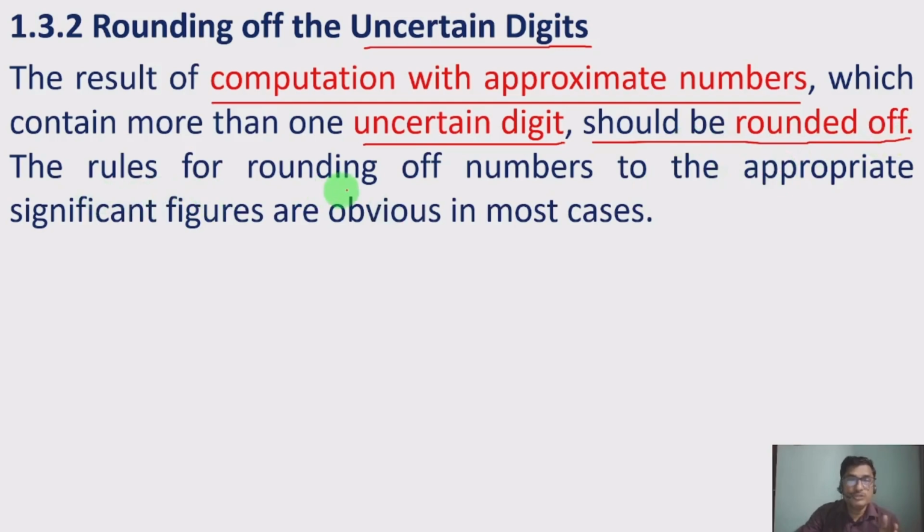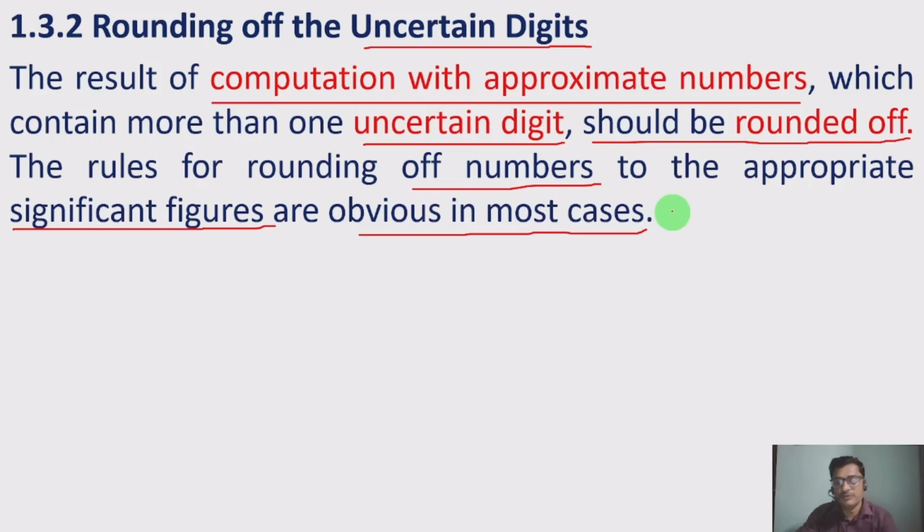Then the rules for rounding off numbers to the appropriate significant figures are obvious in most cases. Rounding off the significant numbers by taking the uncertain digit is obvious in most of the cases.